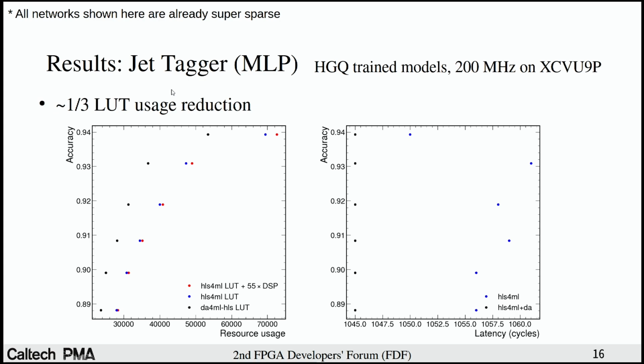And this is another neural network, an SVHN classifier, which is bigger, and you can see that the LUT usage reduction here is much more significant, around 40%. You also have a lower latency, though the latency here is not very relevant because it mostly arises from multiplexing the same filters. Each filter gets marginally faster, which doesn't really change the overall latency.